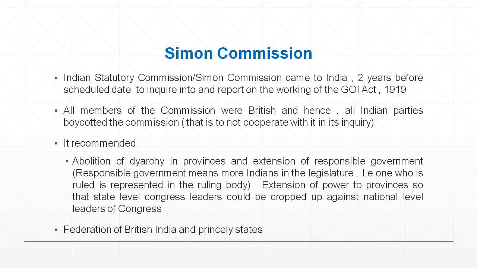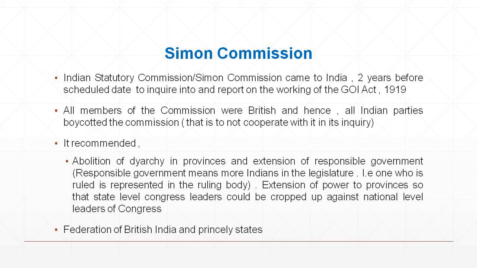On the basis of these discussions, a white paper on constitutional reforms was prepared and submitted for the consideration of the Joint Select Committee of the British Parliament. The recommendations of this committee were incorporated with certain changes in the next Government of India Act of 1935.